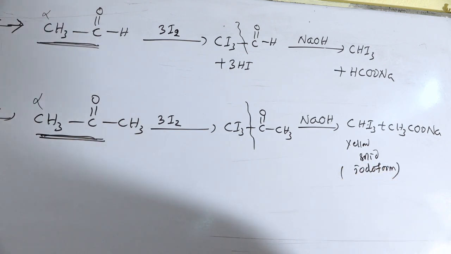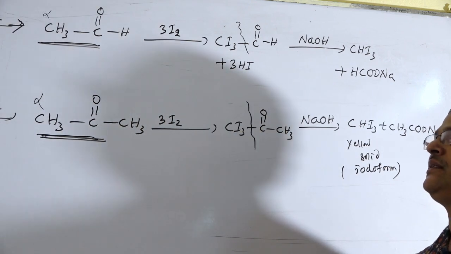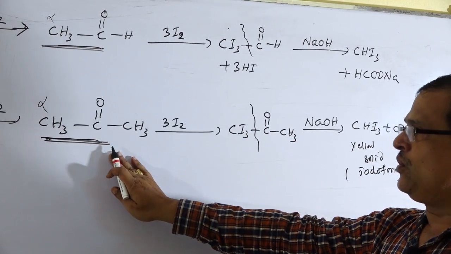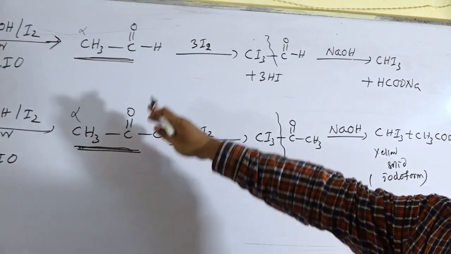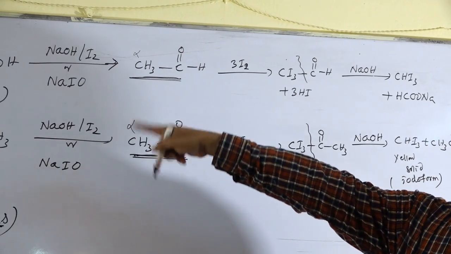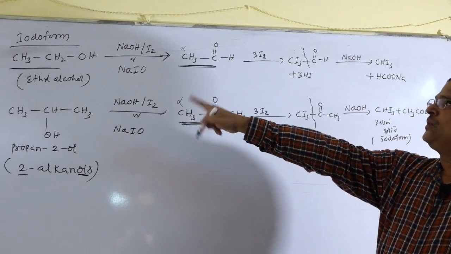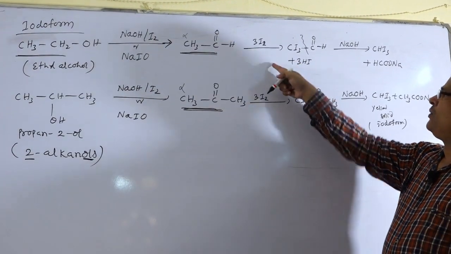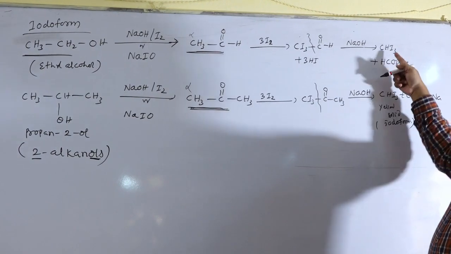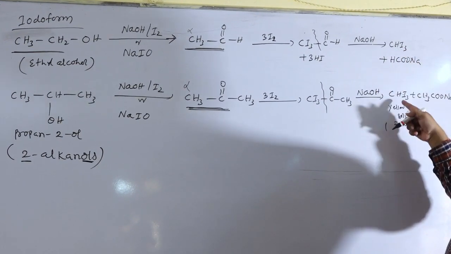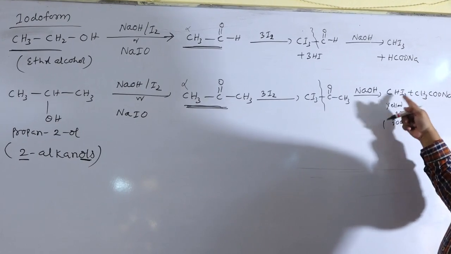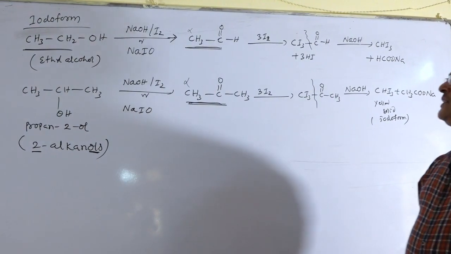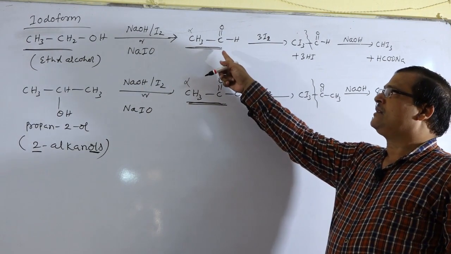Then which compounds have the ability to show the iodoform test? Those aldehydes or ketones having the CH3CO group, or those alcohols which can be converted into CH3CO group compounds, react with iodine and NaOH to form the yellow solid CHI3, iodoform. Among aldehydes, only acetaldehyde.